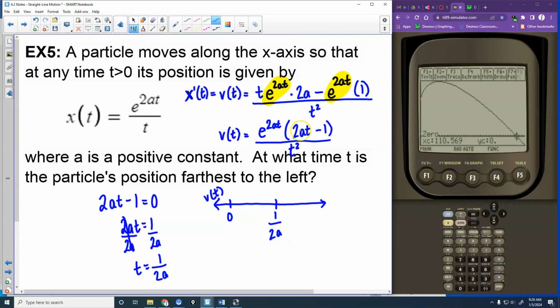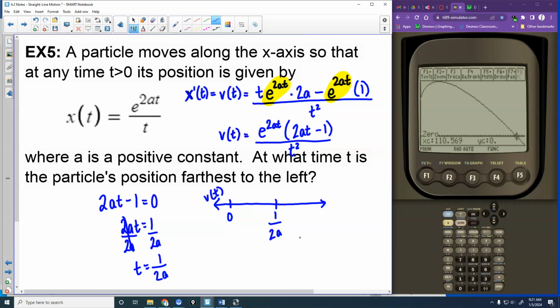I think it's probably going to be negative, because if we plugged in 0, we would get a negative 1. But there's not an equal to right here with that 0, so we might want to be careful on that. What's something that would be between 0 and 1 over 2a? 1 over 4a? 1 over 4a would work.